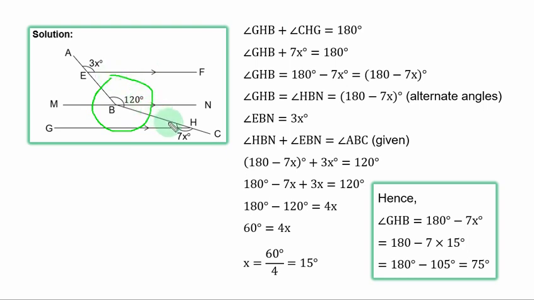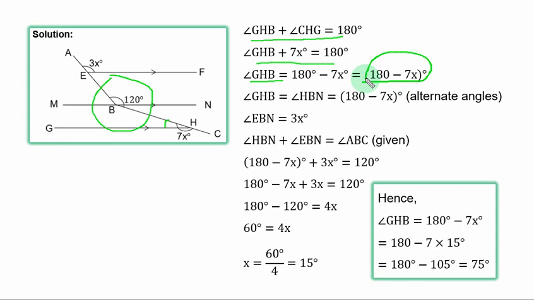Before that, this angle here, if you add it to 7s degrees, the sum is equal to 180, straight line angles. That is what you have here, and that is this. So if you make GHB the subject, you have 180 minus 7s, all in degrees.